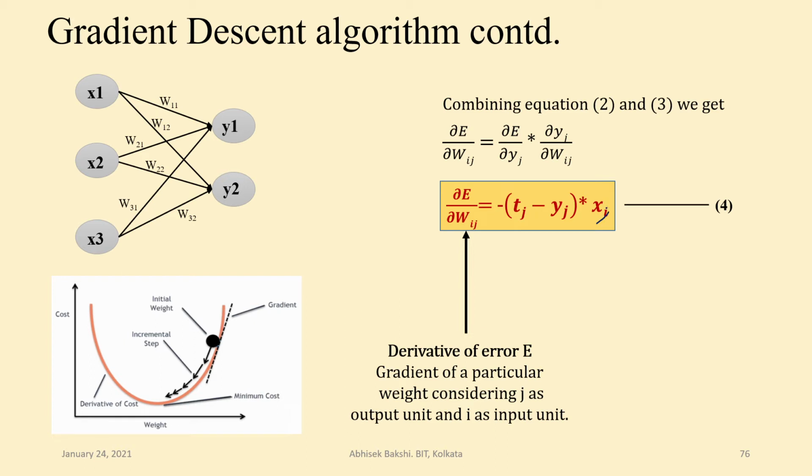So this is the equation for the derivative of error with respect to wij. One thing to be clear about: the question is, what is the initial weight of these w's?